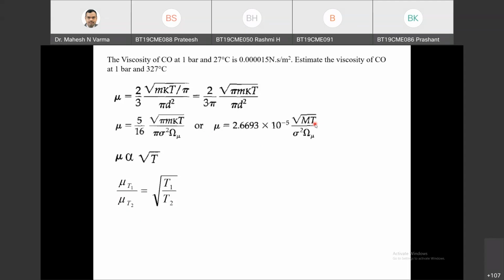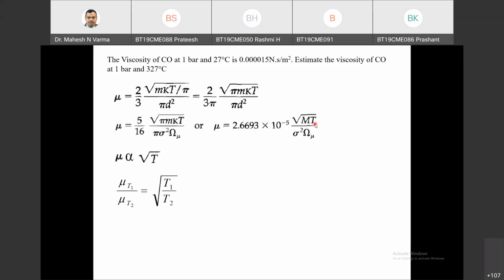What is the viscosity at 327 degrees Celsius? 2 minutes, sir. Calculating. So anybody who got the value can write the value in the chat box.